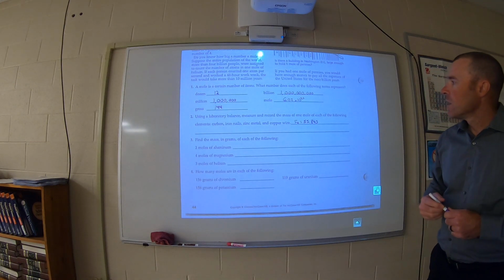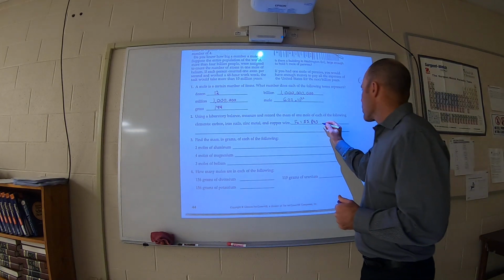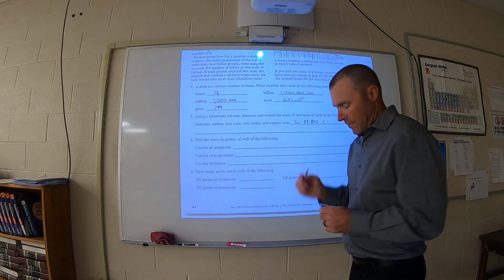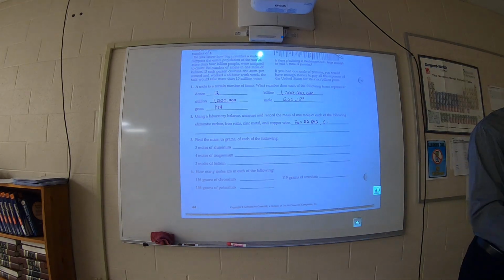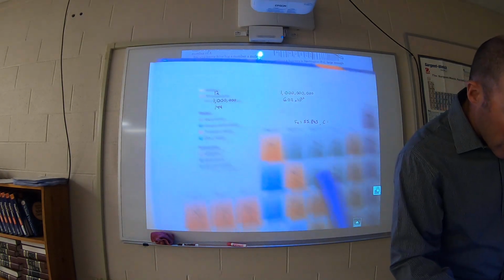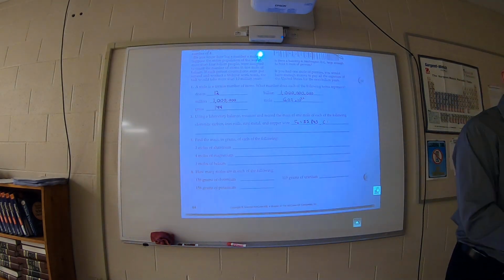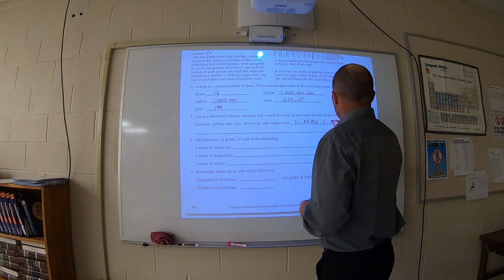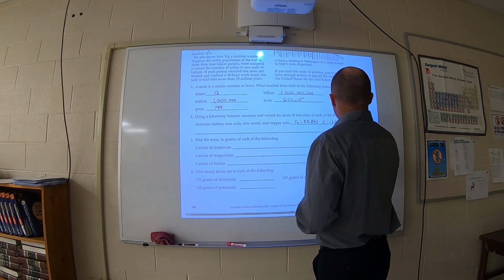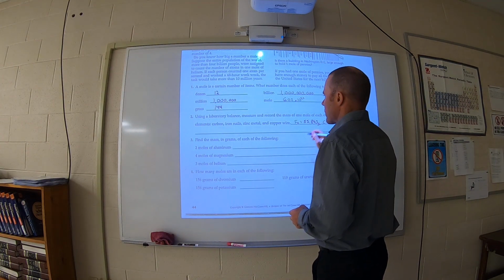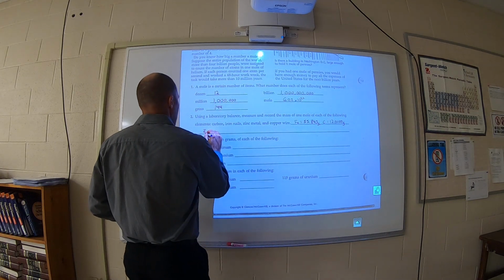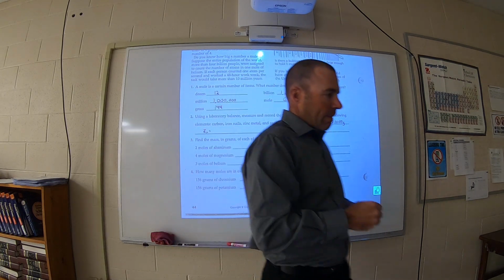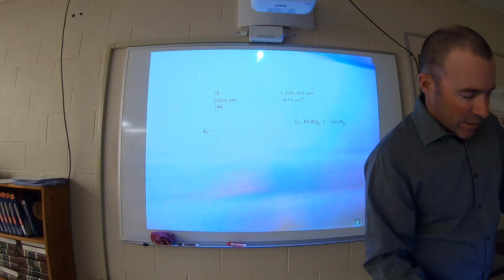Then the next one, carbon. I guess I should have started with carbon. Carbon is C, and it has a mass of 12.0107. And those are grams. Then zinc is Zn. Zinc is right here.